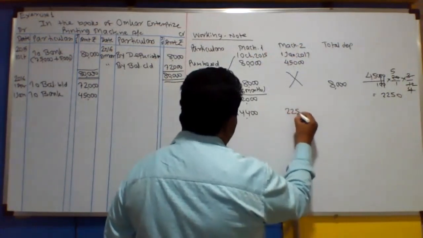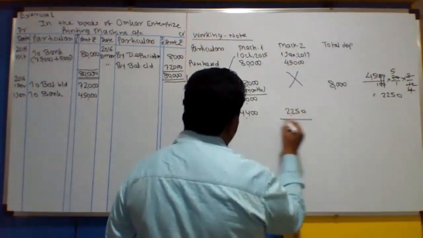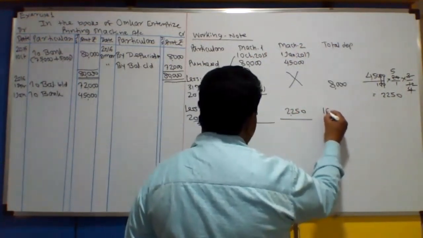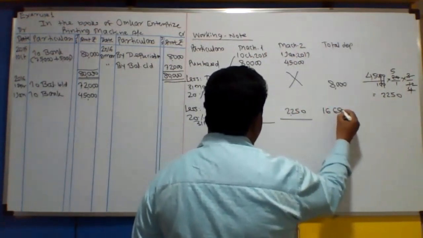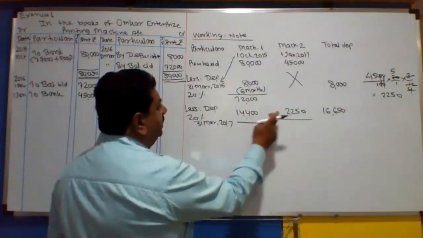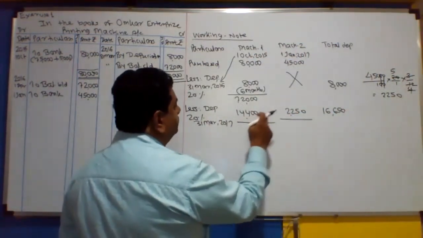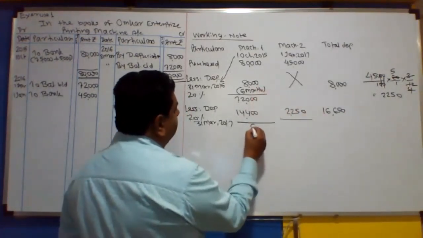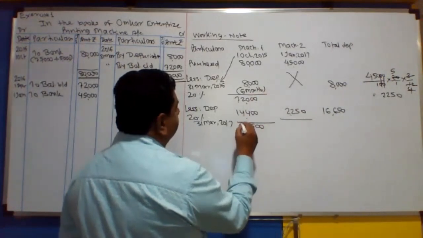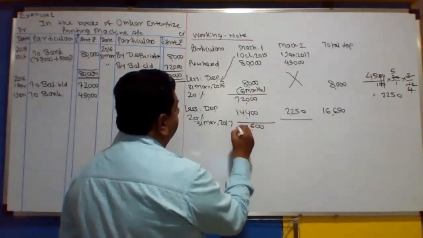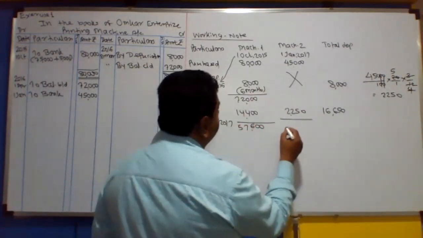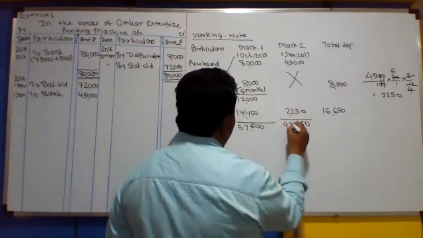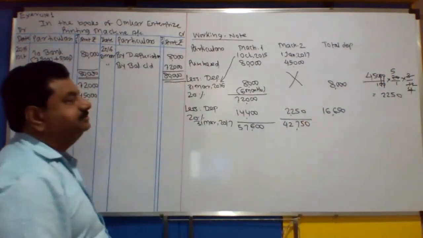So depreciation is 2,250. Then what is the total depreciation? 16,650, that is 14,400 plus 2,250. Now subtract: 57,600 and 42,750.